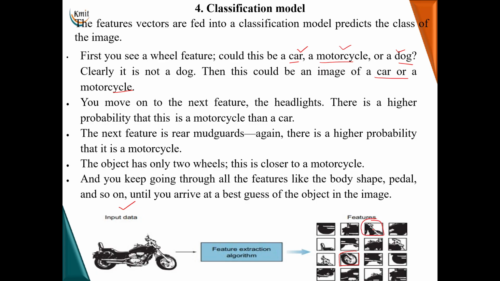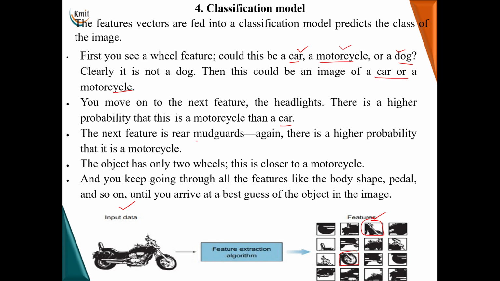Now this headlight clearly shows a higher probability that it belongs to a motorcycle than a car. That is, the probability of this image belonging to motorcycle is more than the probability of it belonging to car based on this feature of headlight.